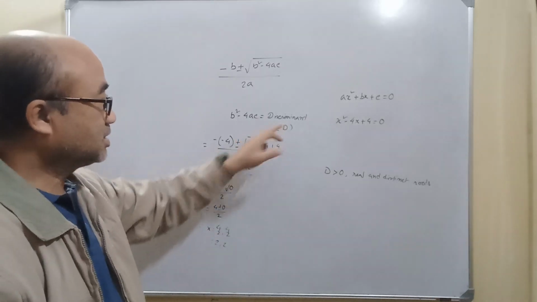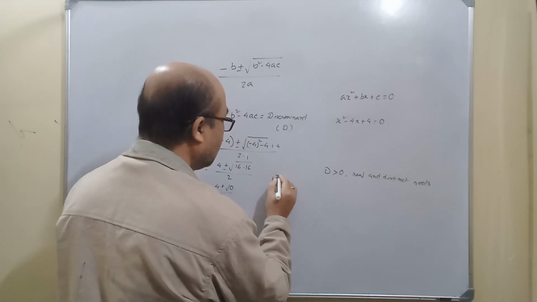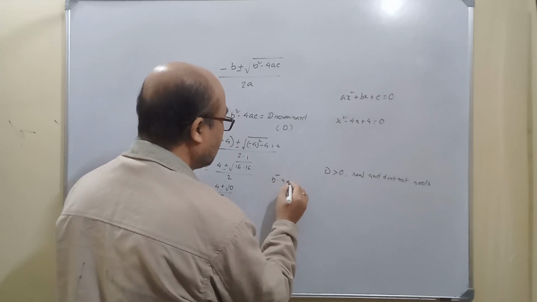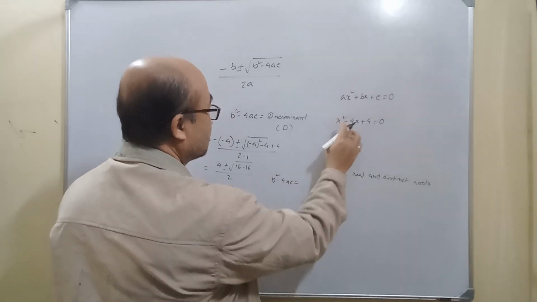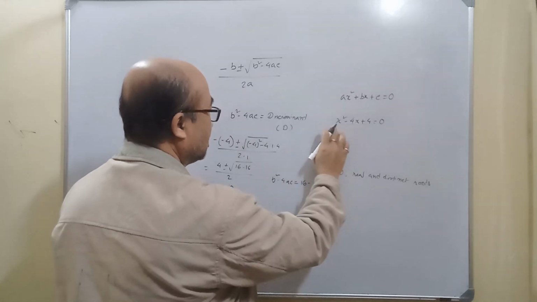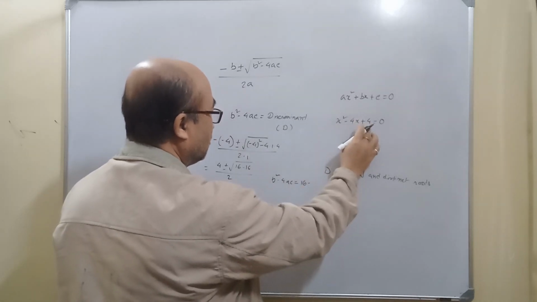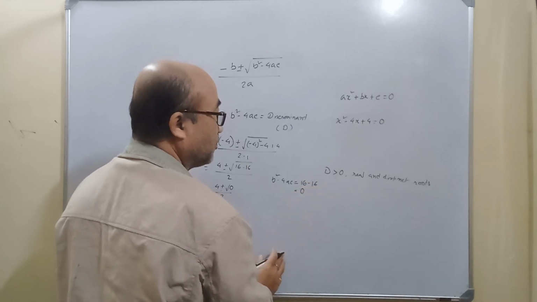Let us find out the discriminant. b square minus 4ac. What is b square? Minus 4 square is 16, minus 4ac, a into c, 4 into 4 is 16, again 0.